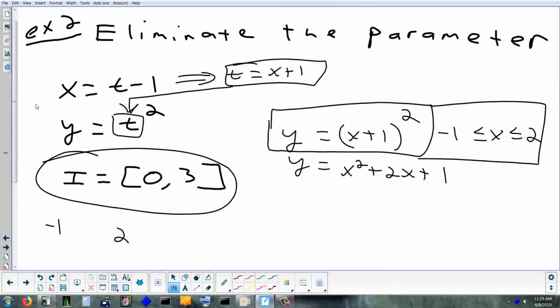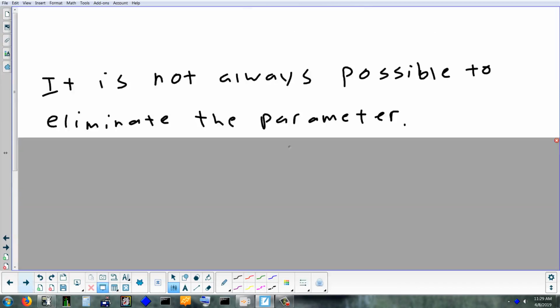All right, so sometimes it's possible to eliminate the parameter. Not always. If I gave you a problem like this, you could not do that one. That says x equals 3 to the t plus t, and y is t squared.